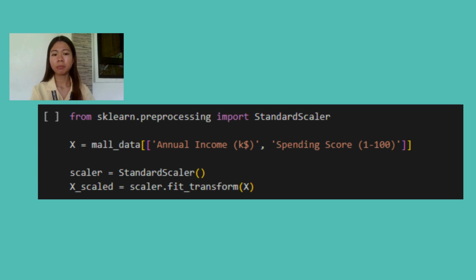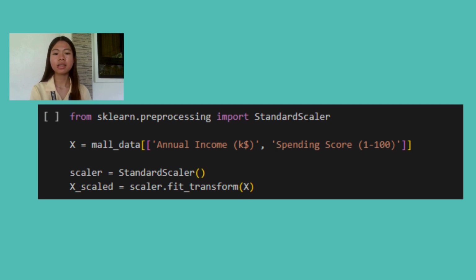So here we will prepare the data for clustering by making sure the features are on the same scale. First, it selects two important columns from the dataset, annual income and spending score, as these are the features we want to use for grouping customers. Next, we will use the StandardScaler from the sklearn preprocessing library to scale these values.